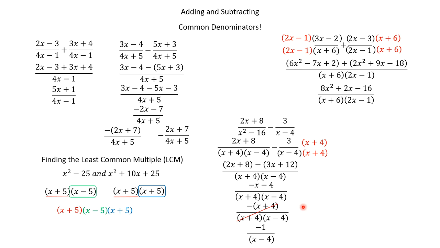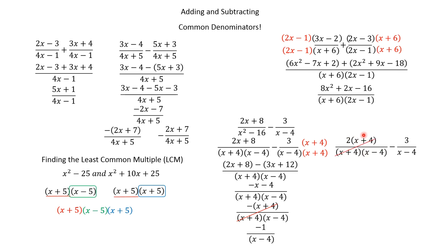Now this one, we could have actually done a little bit easier if we saw it, and some of you may have seen it, and so we'll take a look at what this slightly easier method was. Way back up here, when we were factoring, what if we factored the top as well? Took out a 2, leaving us with x plus 4. Hey, this is a fraction that we can simplify.